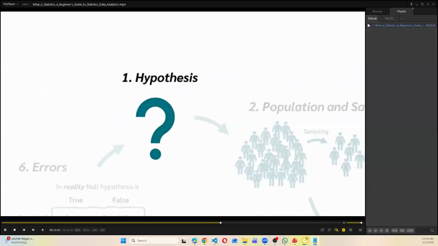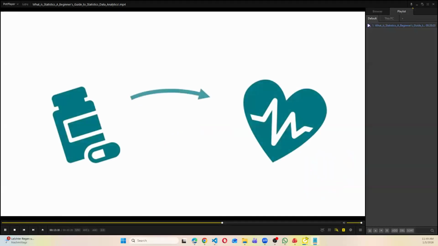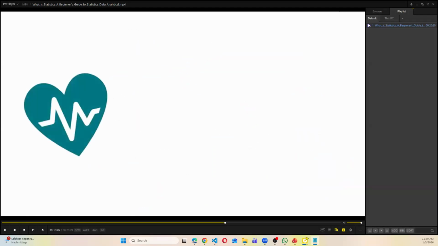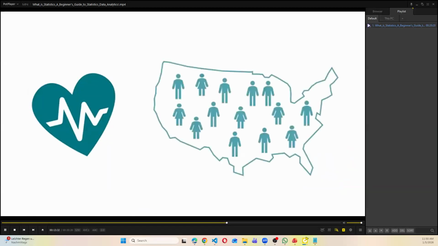Number 1, hypothesis. First, we need a statement, a hypothesis that we want to test. For example, you want to know whether a drug will have a positive effect on blood pressure in people with high blood pressure. But what's next? In our hypothesis, we stated that we would like to study people with high blood pressure. So our population is all people with high blood pressure in, for example, the US.